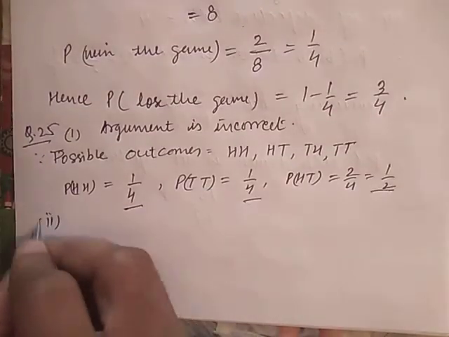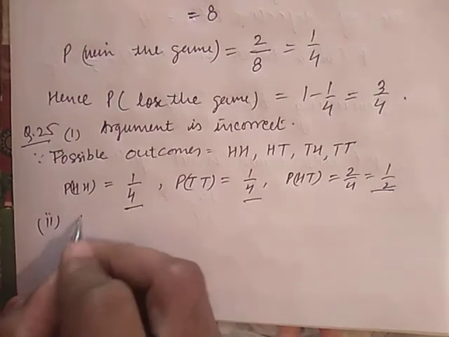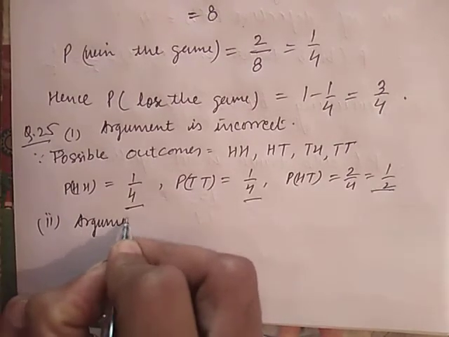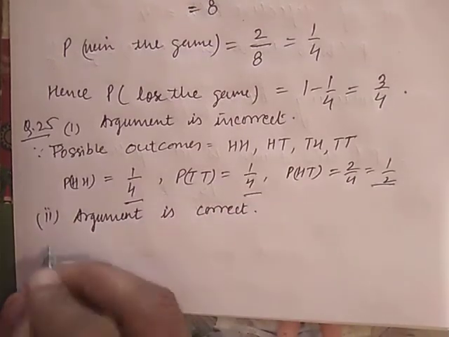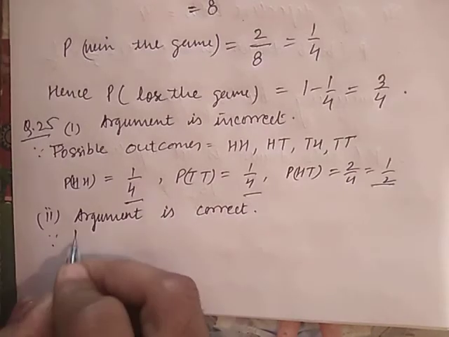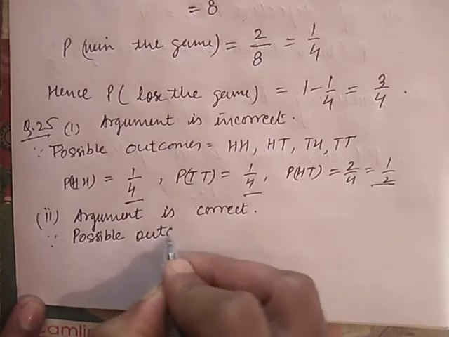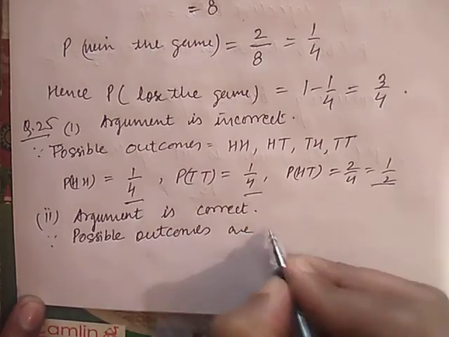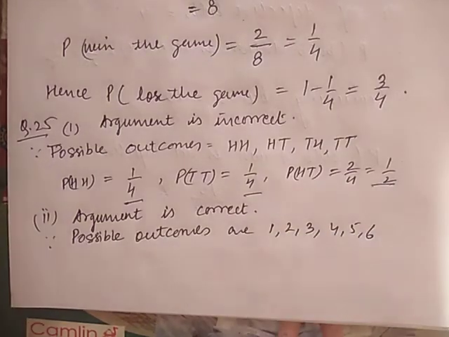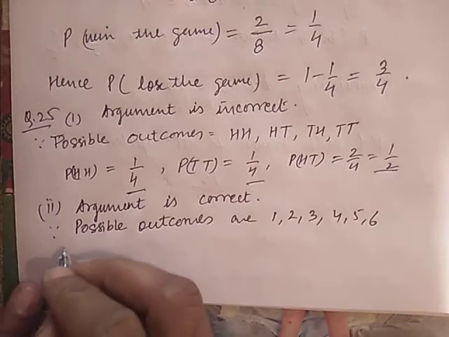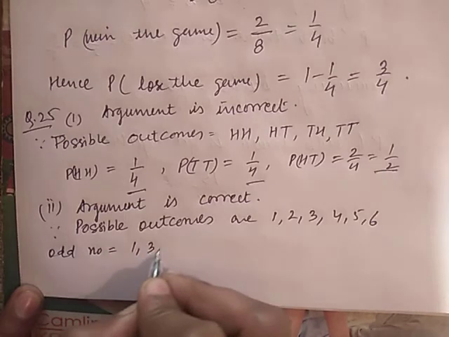Second argument, in case of throwing a die once, the argument is correct. Why? Because the possible outcomes are 1, 2, 3, 4, 5, 6 in case of a die. Odd numbers are 1, 3 and 5.